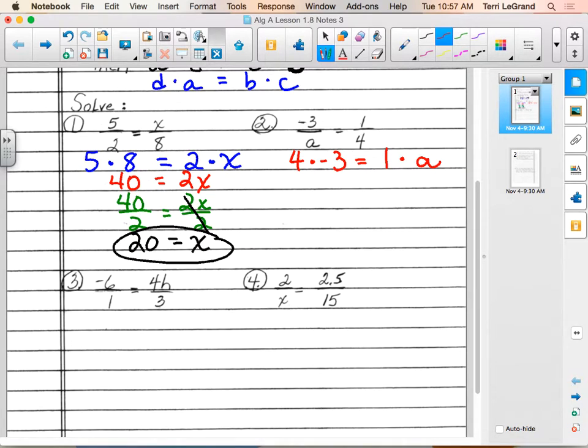Yeah, the denominators times each other equals the numerators times each other. Is that going to help us? No, not going to work. So we have some incorrect ways to set it up, but we also have more than one correct way. Okay, go ahead and finish this one. See what you get. And then after you get your answer, decide, is my answer reasonable?